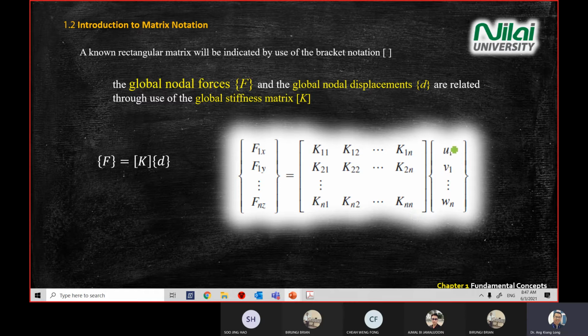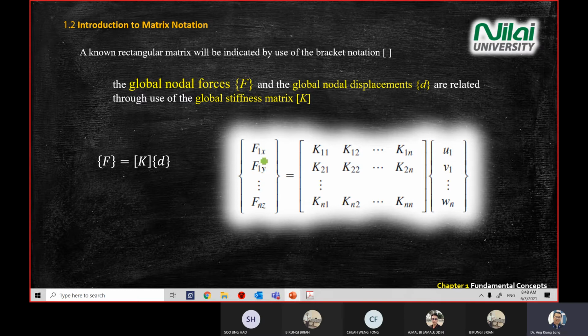Displacement is the movement or deformation in a certain direction. If the deformation is in the x direction, you use U. In the y direction, you use V. In the z direction, you use W. And then the subscript refers to the point that you are looking at. So if you write U1, it means displacement at point number 1.